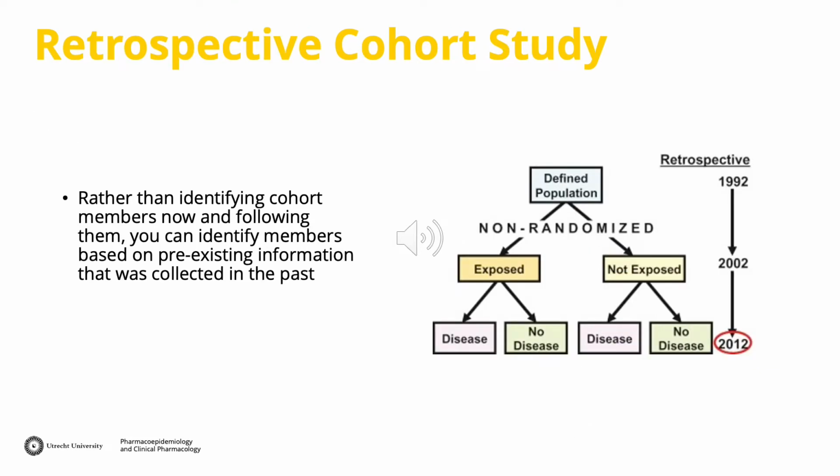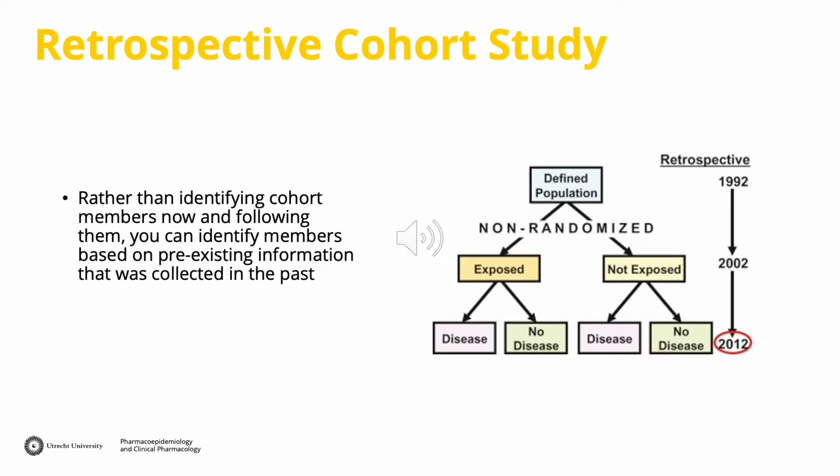The other type of cohort study is called a retrospective cohort study. So in this particular type of study design, rather than identifying cohort members now and then following them forward in time, in real time, you can actually identify members based on pre-existing information that was collected in the past. So you can see in the little schematic here that it's exactly the same as the prospective cohort study.